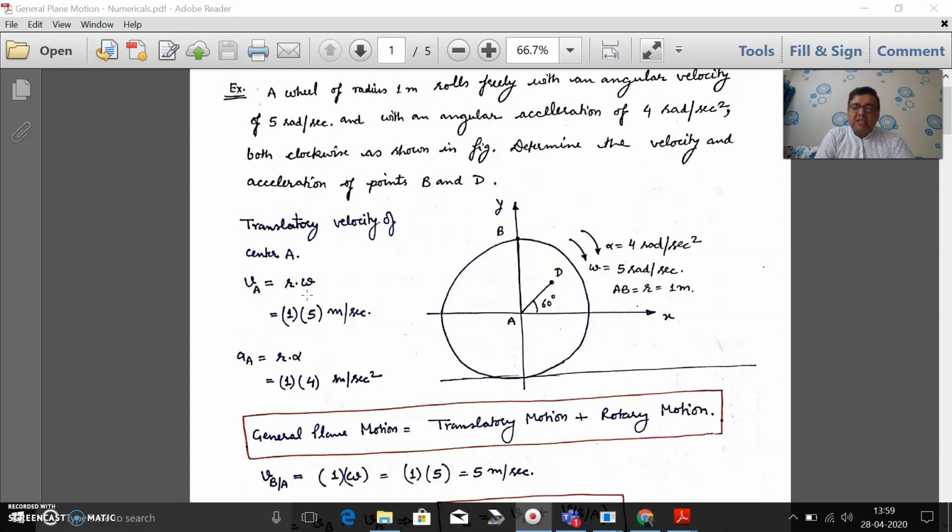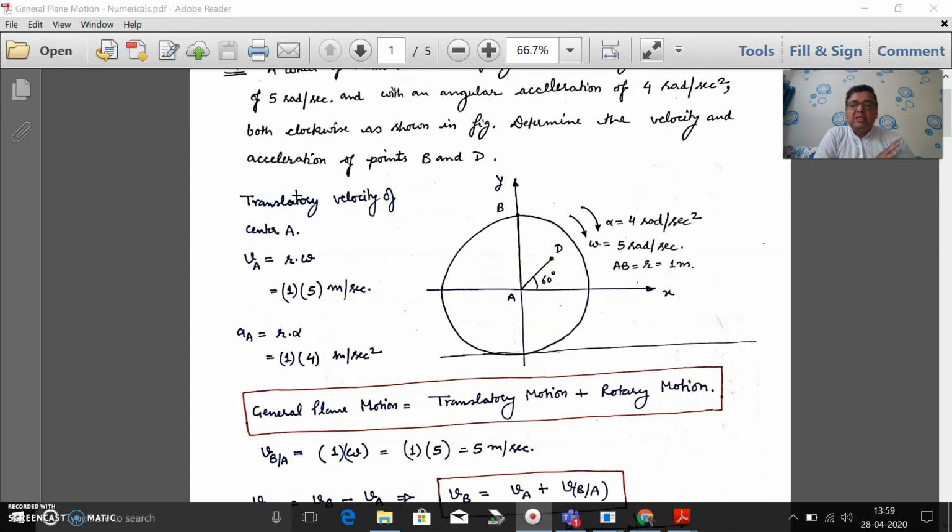We had already discussed and proved this in our last interaction and in the last YouTube video. So VA equals r into omega, and omega is 5 radian per second and radius is 1, so VA is okay. Same way for acceleration, r into alpha; r is 1 and alpha is 4, so it is also okay.